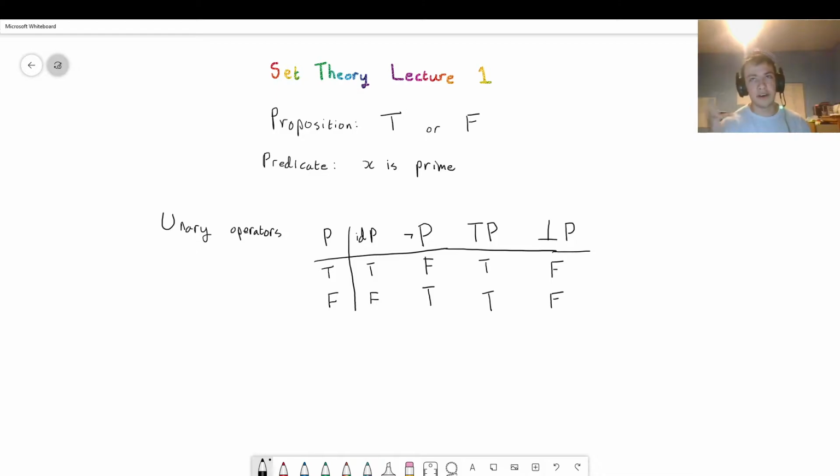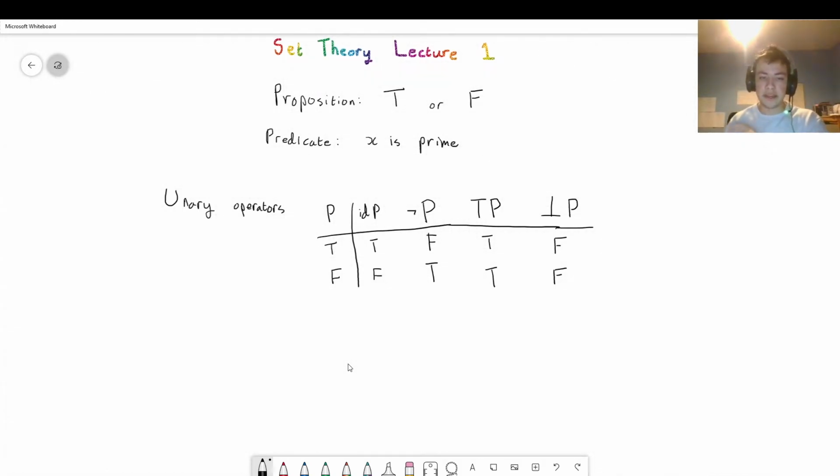And the reason that there are four possible operators, we'll sort of see more about this later when we talk about functions, is that there are two input values, and so we can then specify whether each input value gives us a true result or a false result, and that fully defines the function. And so we have 2 to the 2 choices, which is 4. Okay.